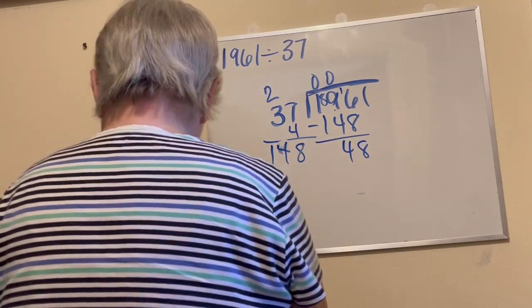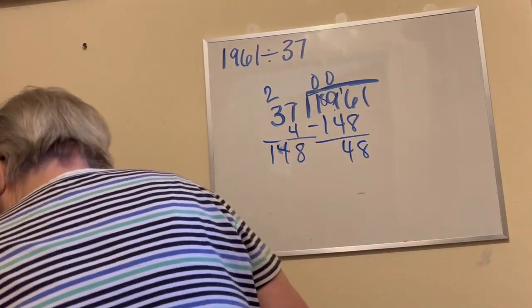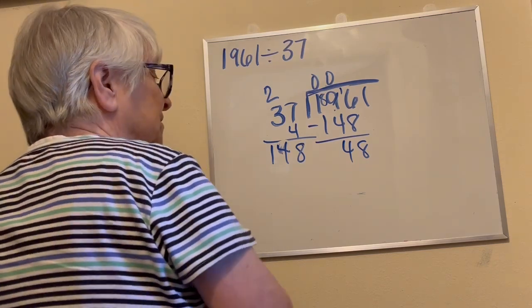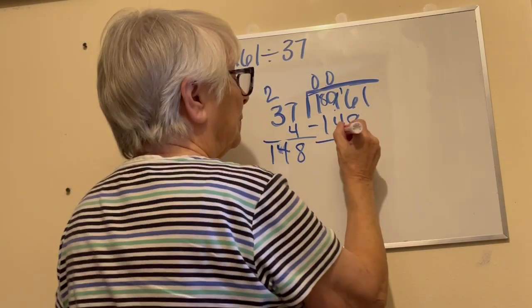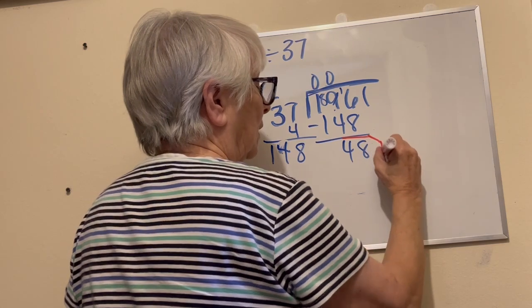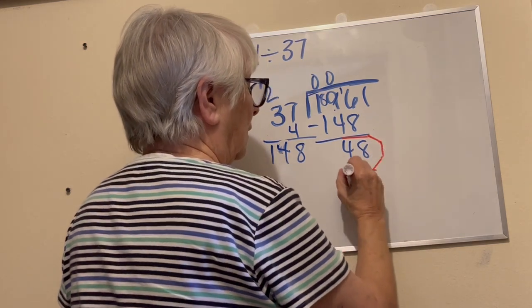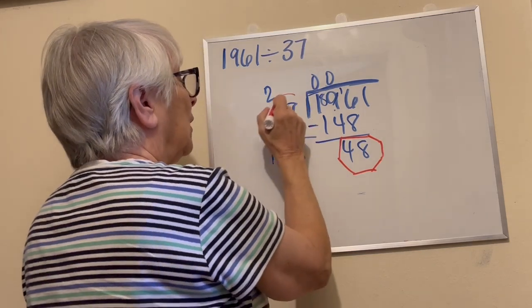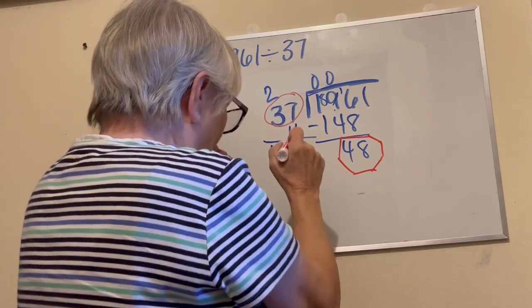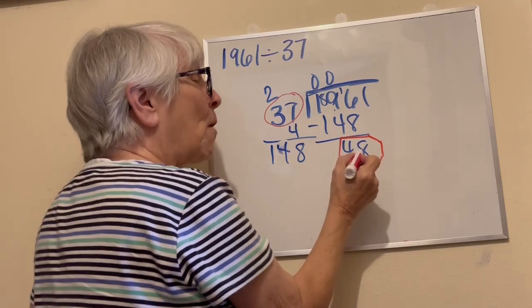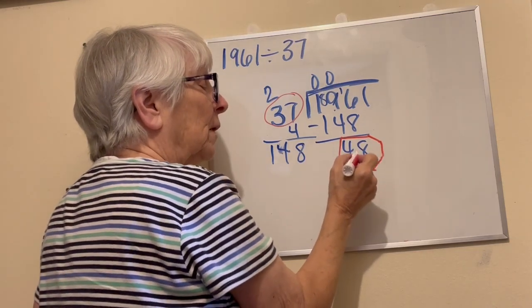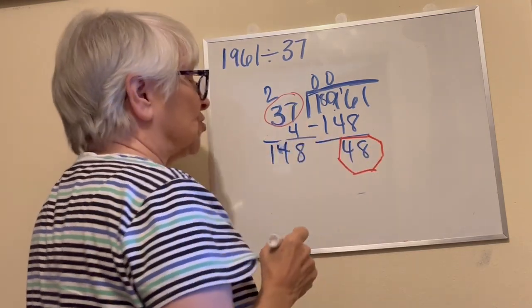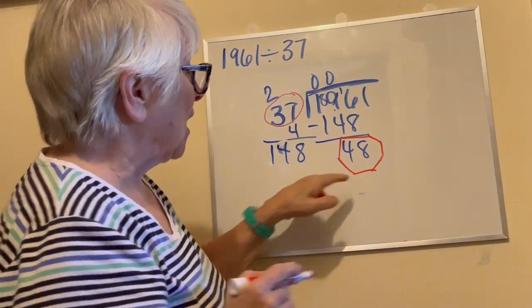Oh no, a bell needs to go off. This right here, our divisor, is smaller than this number. This number is larger than the divisor. That's a stop sign.